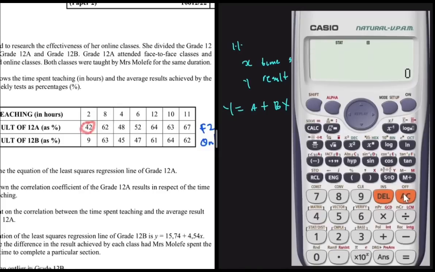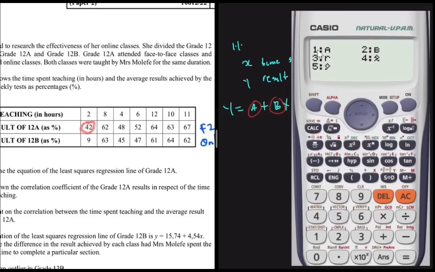Now we want to retrieve our value for A and our value for B, so that we can have the equation of the least squares regression line. How do we do that? We press shift, then press 1, and this menu pops up. We want the regression, so we press 5, REG. When you press 5, this menu pops up.